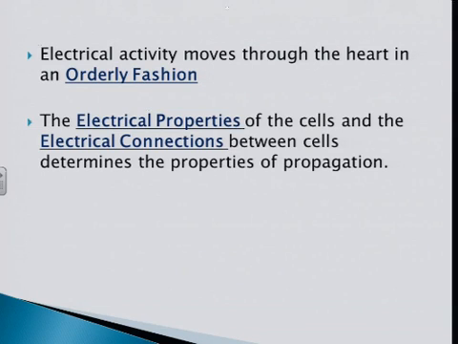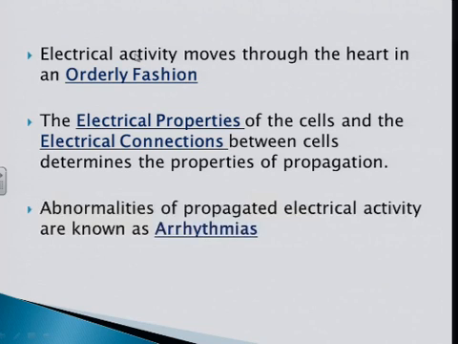And it's the electrical properties of the cells of the myocardium and the electrical connections between these cells that really determines the way that this orderly behavior propagates, where this electrical activity propagates between the cells and through the tissues. So electrical properties of the cells are propagated through the tissue through electrical connections between these cells, and this determines how things go.